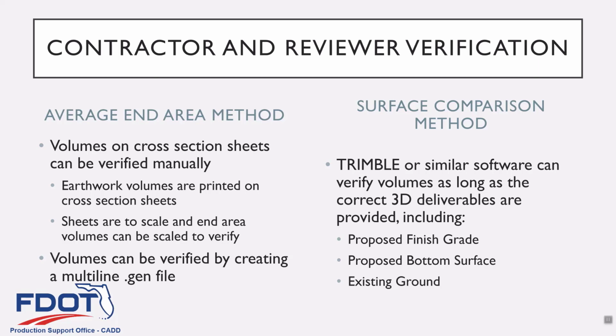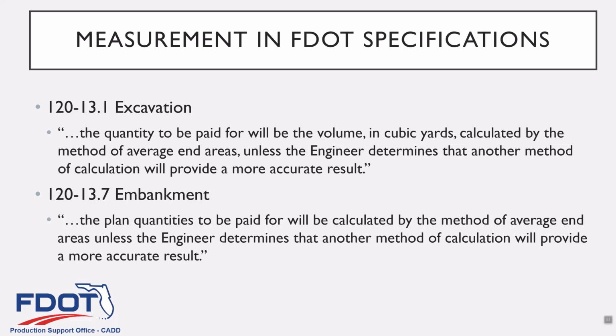One other thing to point out now, specifications are kind of in the process, probably going to be revised as part of the efforts with next gen plans, and they may have been revised by the time you watch this and do this training, but currently, as of early 2021, the way the specs are worded does allow, even though it's primarily focused on average end area, it says unless the engineer determines that another method of calculation will provide a more accurate result.